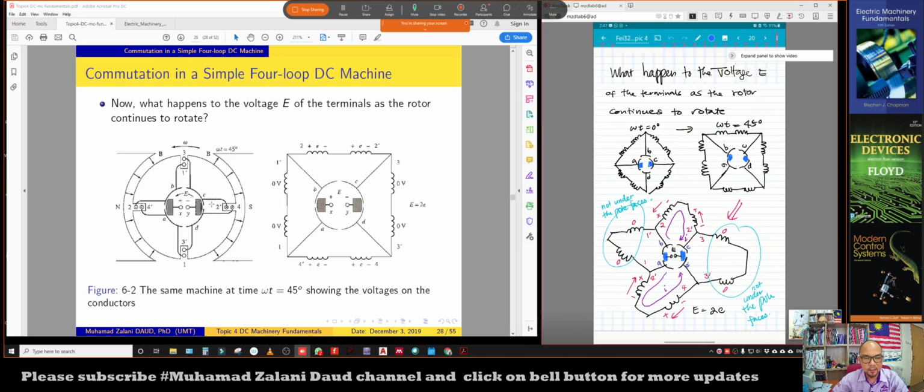Okay, at omega t equals 45 degree, we can see that the wire loop segments under the pole faces are 2, 4 prime, and 2 prime, 4. Segments 1, 3 prime and 1 prime, 3 are not under the pole faces, so at this particular wire loop there will be no voltage induced, okay.